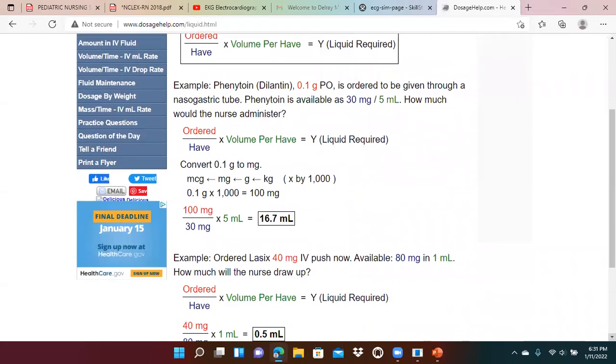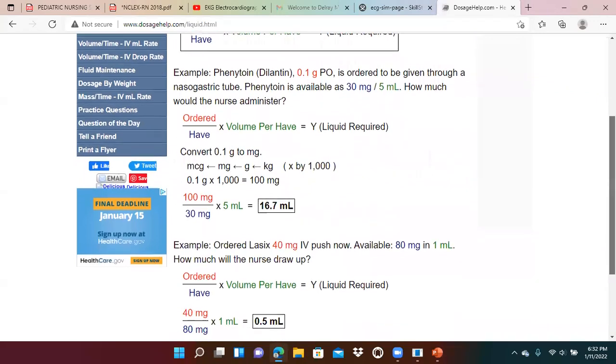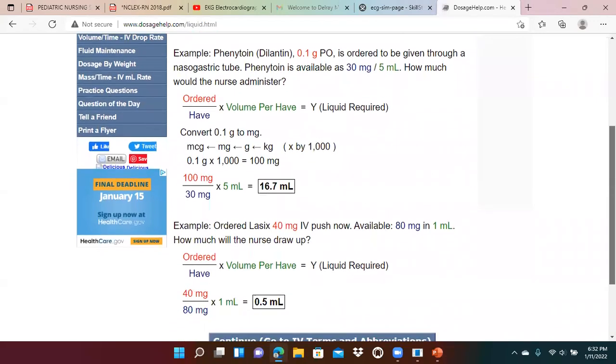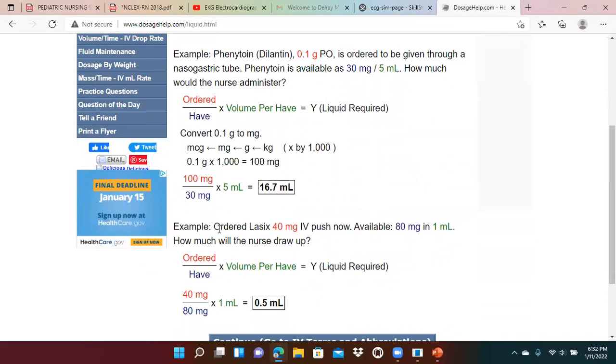Another example here. Ordered Lasix, it is a diuretic, 40 milligram IV push now. So the doctor's order is 40 milligram IV, available 80 milligram in 1 ml. So it is the liquid formula. How much will the nurse draw up?